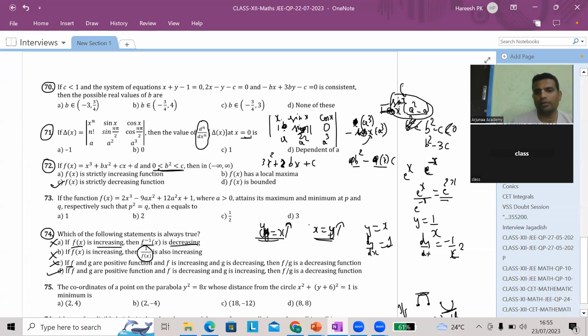So you'll be left with a cube minus 1 a cube. a cube minus a cube. How much is it? 0. So does it depend on a? It doesn't depend on a. Understood, children? Any doubts, Riya, Bindu, Diksha? No, sir. Okay.